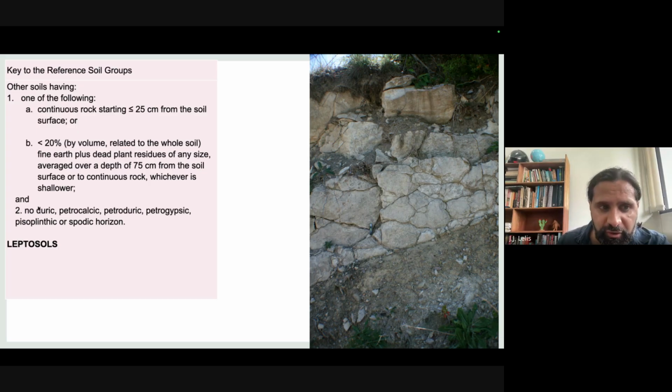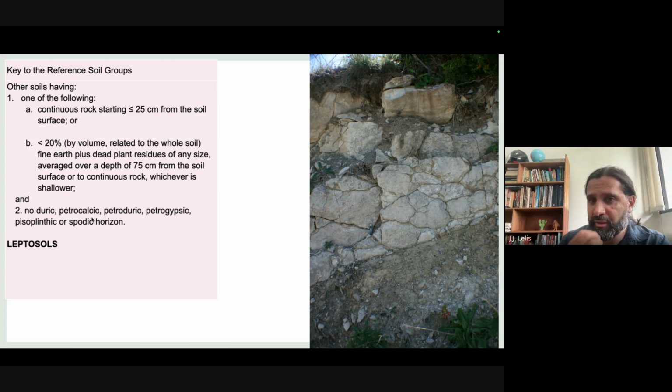And no nudic, petrocalcic, petroduric, petrogypsic, pisoplinthic, or spodic horizons. All of these horizons identify horizons and layers that have some problems for water percolation and root growing, but they are more connected to other RSGs, not the Leptosols.